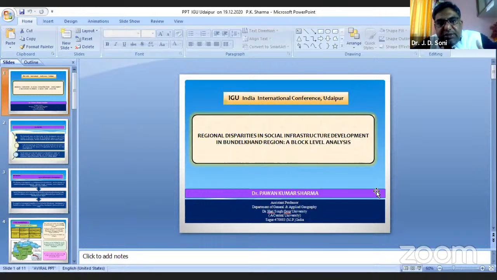There is a club between the data from the statistical abstracts published by government sources as well as the census. So I think it is a mixing of data from various sources when the scholar has developed the indexes or indices, right?